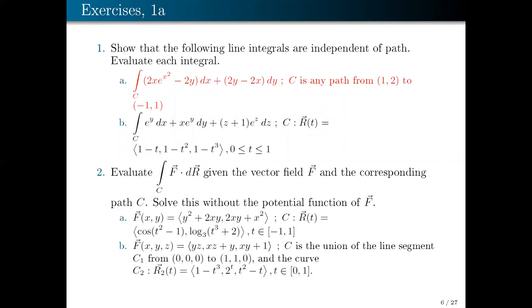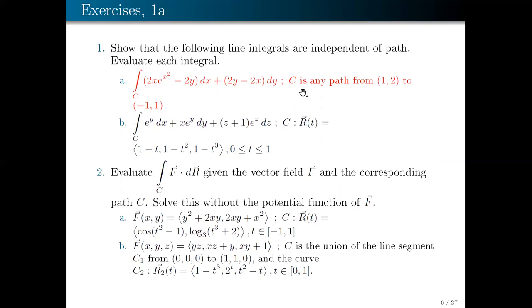We have this first item here, where our task is to evaluate the line integral after proving that it is independent of path. So here, we have to show that this is independent of path, where C is any path from the point 1, 2 to the point -1, 1.